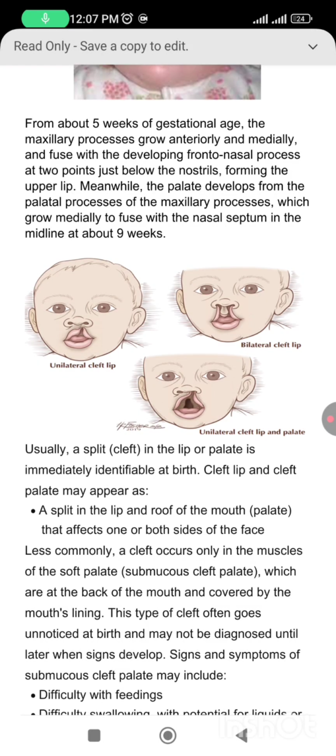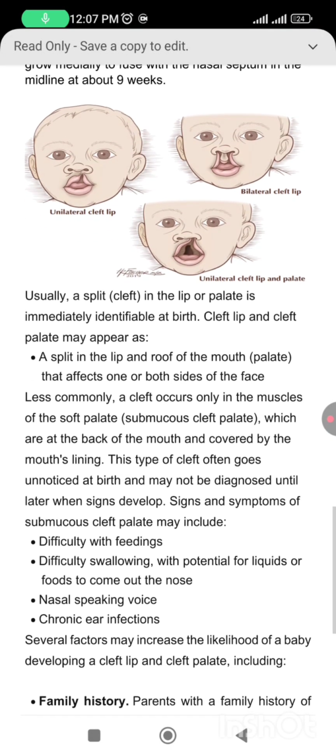Less commonly, a cleft occurs only in the muscles of the soft palate, which are at the back of the mouth and covered by the mouth's lining. This type of cleft often goes unnoticed at birth and may not be diagnosed until later when signs develop.